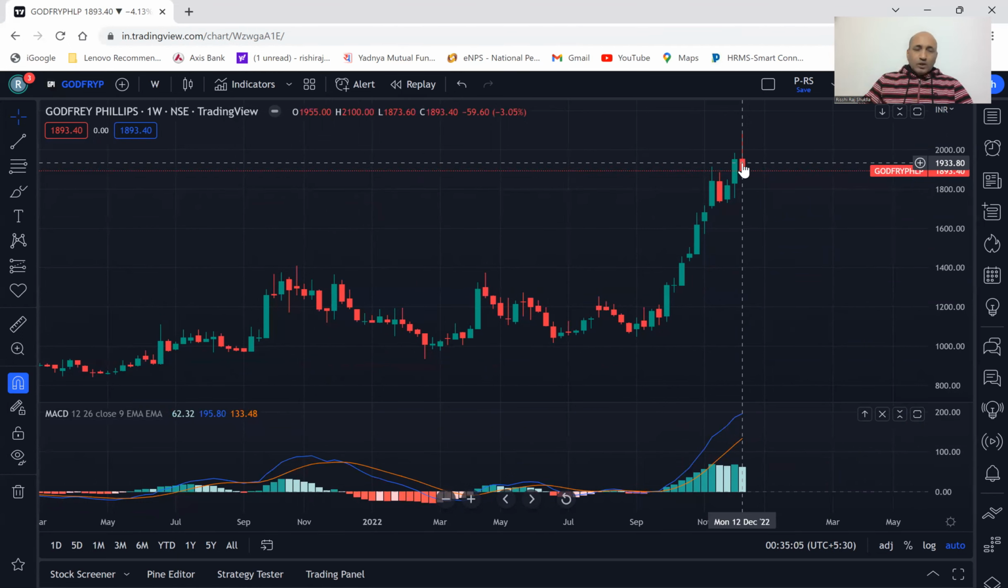If we go to the monthly chart, definitely it will give an even longer period of holding, and we can have entry and exit based on our monthly chart, as per our requirement, as per our convenience.